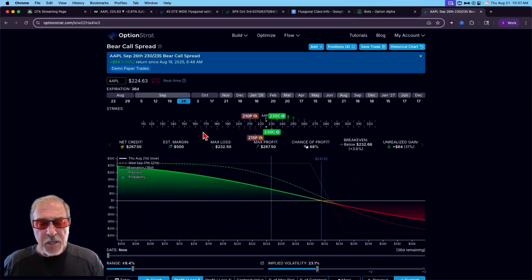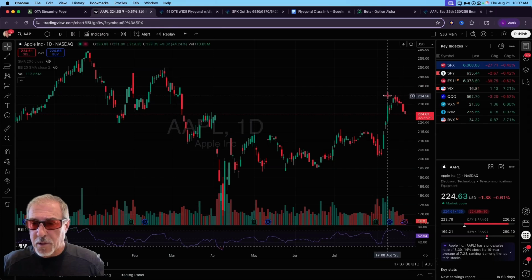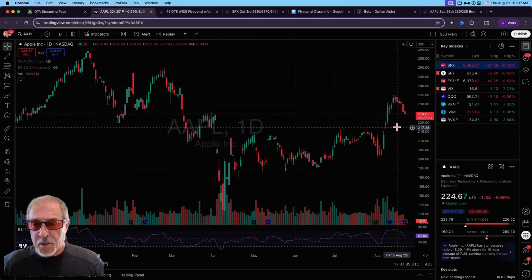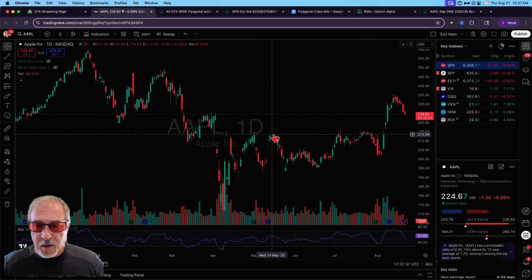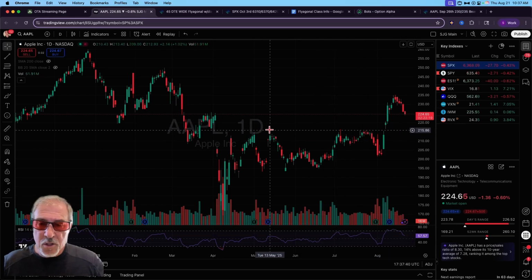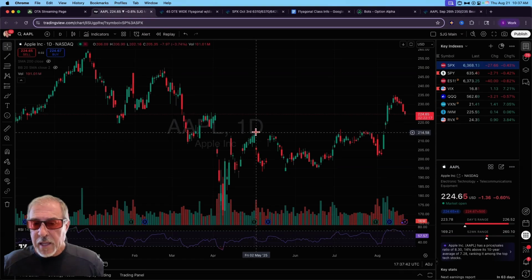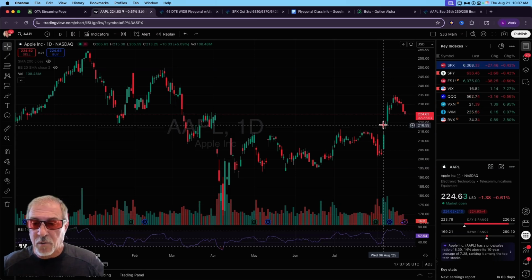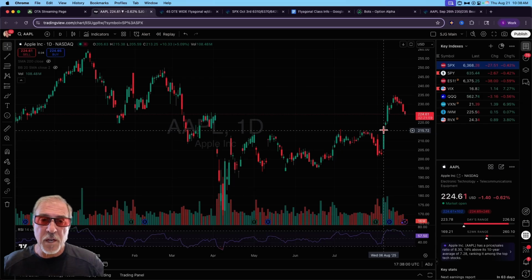In addition to my initial premise, where I did not expect Apple to go above this 235 range, it's now done close to a 50% retracement down to what I would consider to be some support, right down in this 215 range or so. We can see that that used to be resistance, and when Apple popped through, more often than not, that resistance will become support. So if my premise is that we may have support in that 215, 216 range, maybe even a little higher, maybe even 220, but I think I'm a little safer at that 215 range.